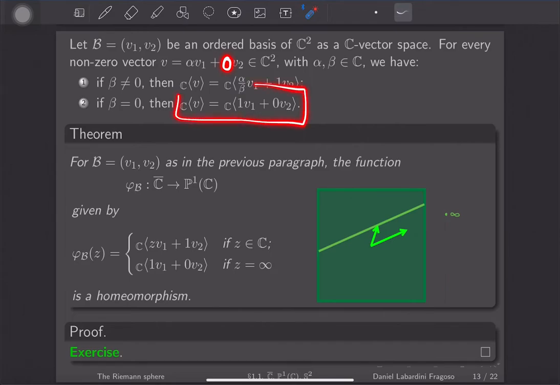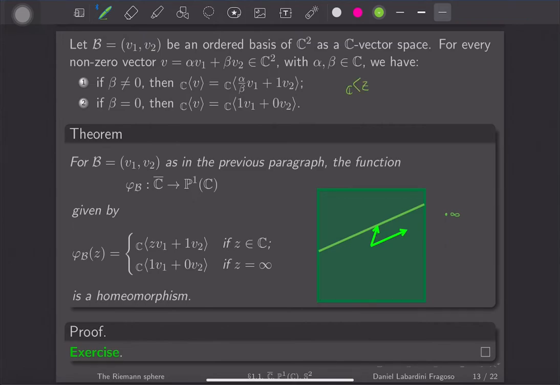So what I see is that once I took my ordered basis, every point in the complex projective line can be written either like this or like this. So every point in P1C has either of these two forms.